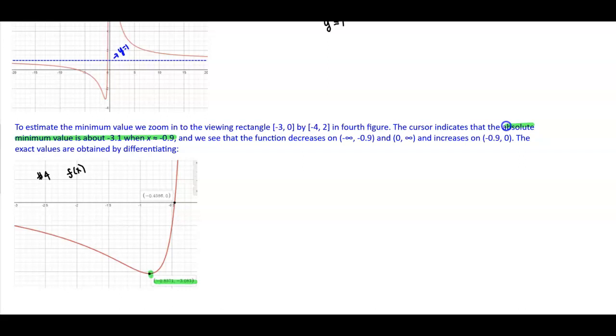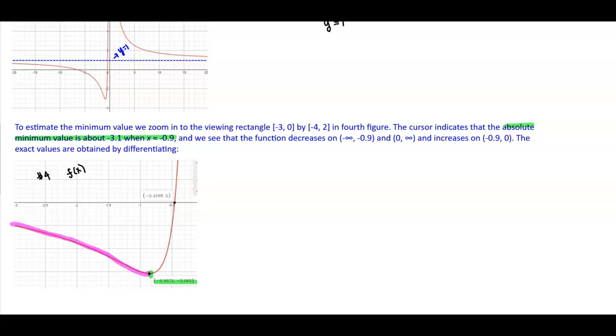Okay, and we see that the function is decreasing from -infinity to -0.9. So we can see that it is decreasing from here to there.